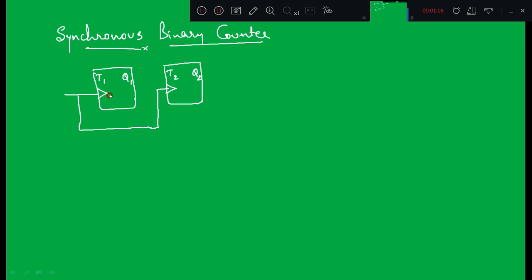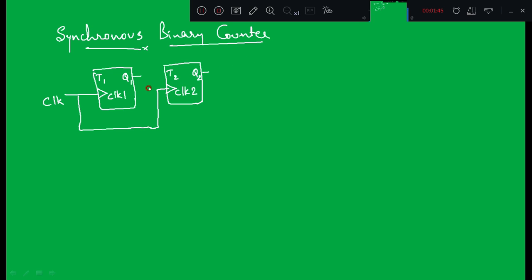Let me take the control signal of the first flip-flop as clock 1, and the second control signal as clock 2. Both are shorted and they are connected to a common signal called clock, right? So in this manner the circuit is built. For this reason, where the control signals of all flip-flops are connected to a common signal called clock, this counter is called a synchronous binary counter, right?